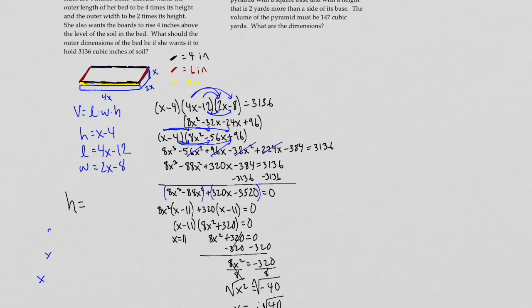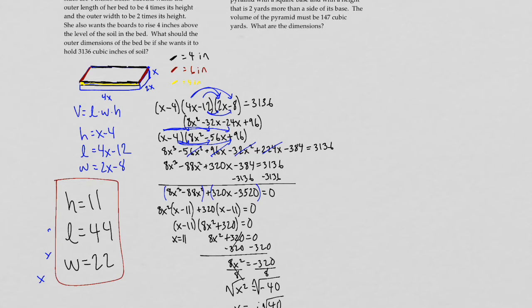Height is 11. The length is 4x, so 44. And the width is 2x, so 22. Those are all the outer dimensions. Okay. The inner dimensions, of course, are going to be different, but they're only asking us for the outer dimensions. That's your final answer.